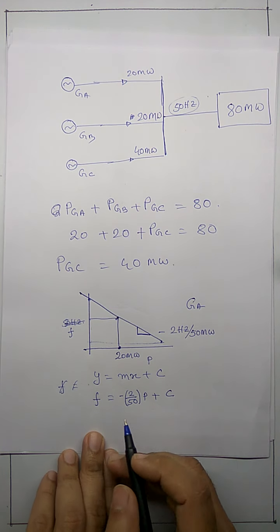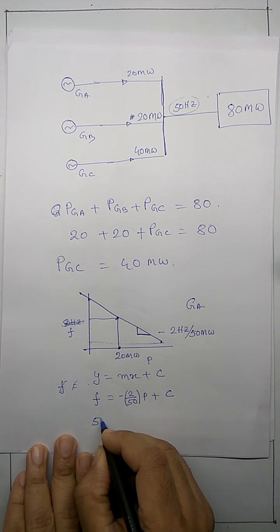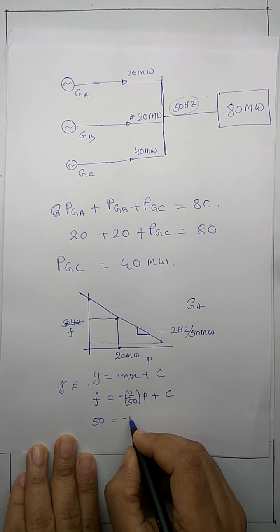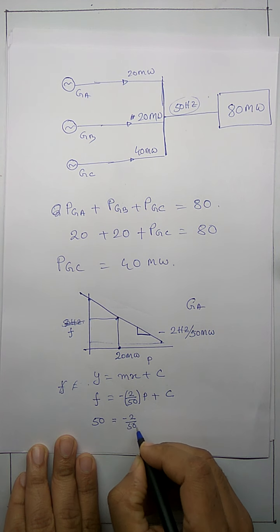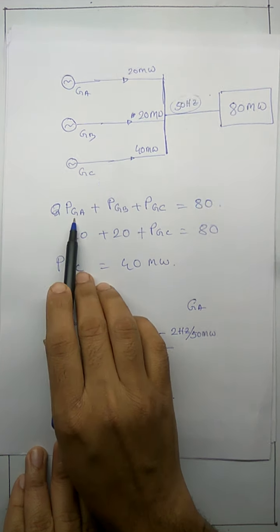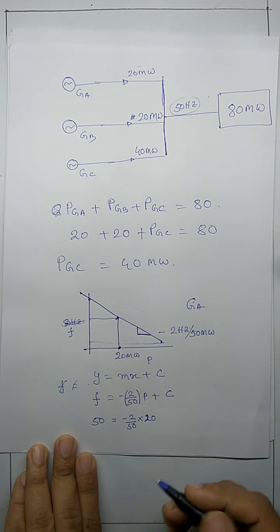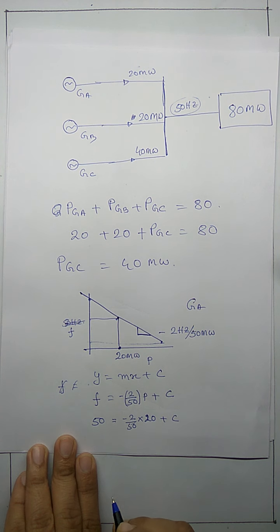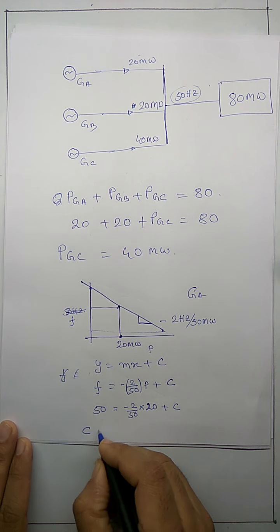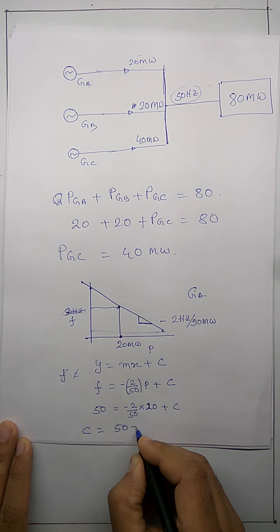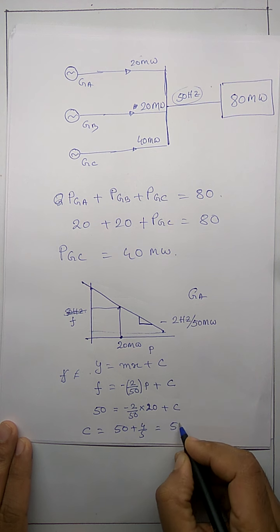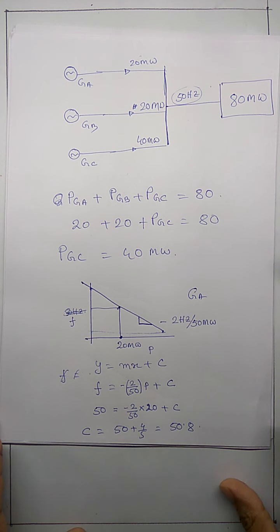Now it is being said that it is operating at 50 hertz. So put here 50. This will be minus 2 by 50 into 20. Why 20? Because my generator 1 is supplying 20 megawatt, plus c. Here you have to find c. So what will be c? C will be 50 plus 4 by 5, that is 50.8.